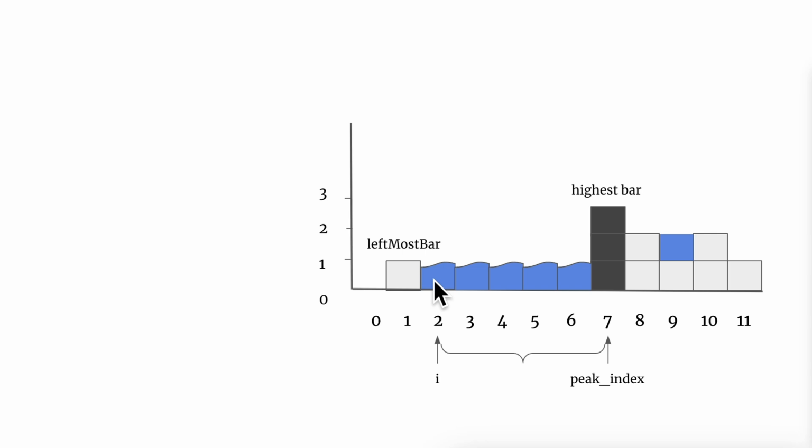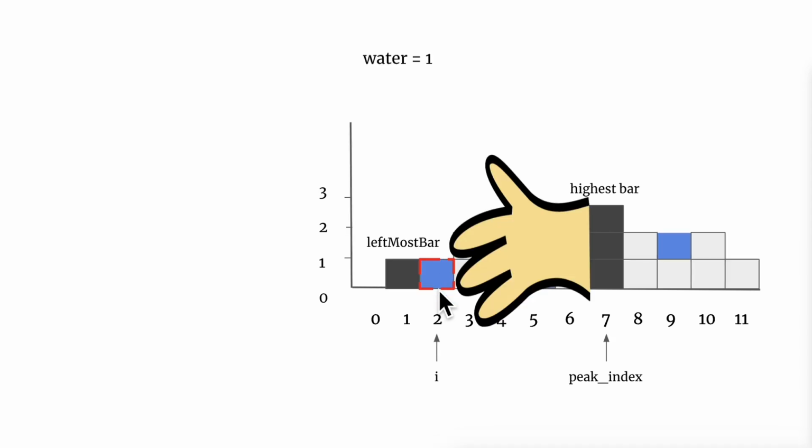If there is no neighboring barrier on its right side until this highest barrier, the water that can be trapped at this specific position is still 1 unit, right? Since I cannot see the part that index i hasn't scanned yet, I will temporarily pretend to ignore the rest.